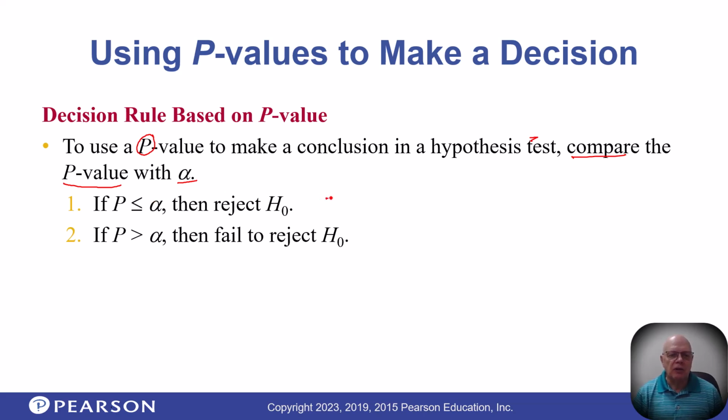And I'm going to change this just slightly, because I checked with someone I trust, and he said he usually uses p less than alpha. It's not going to make a big difference, really. You can use this just as well, and since my friend said p less than alpha is usually the way to go, we'll go that way too. And if p is greater than or equal to alpha, then we'll fail to reject the null hypothesis.